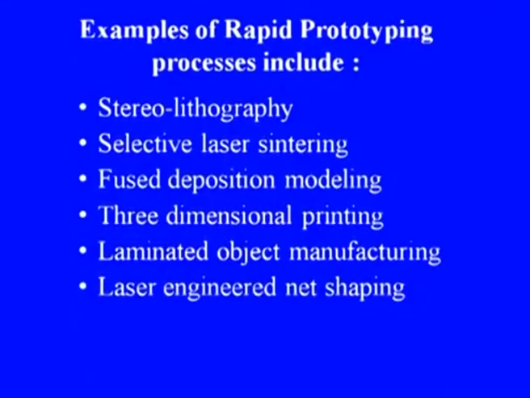This is a relatively new material additive manufacturing process in which a part is produced by depositing layers or by joining particles of raw materials. Examples of rapid prototyping processes include stereolithography, selective laser sintering, fused deposition modeling, three-dimensional printing, laminated object manufacturing, laser engineered net shaping, etc.